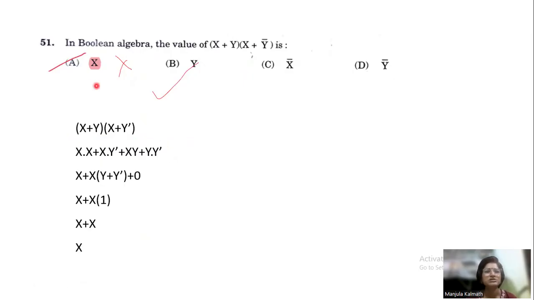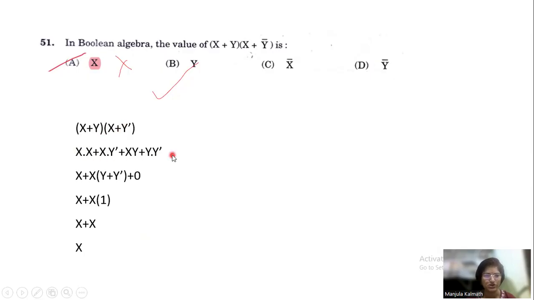The next comes the Boolean algebra: the value of (x plus y)(x plus y bar) is. This is a simplification problem. We need to simplify this equation and we'll get any one of these answers here. So first we have to expand the term. I'll go for the multiplication of these two and remove the bracket here. We have x into x, x into y complement, y into x, and y into y complement.